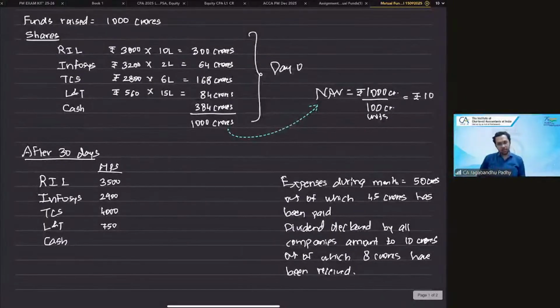Can you calculate the net asset value after 30 days with all the information available? Just try to calculate the NAV. NAV means net asset. Net asset means what? Total of assets minus liabilities. So calculate what would be the NAV after 30 days, guys.